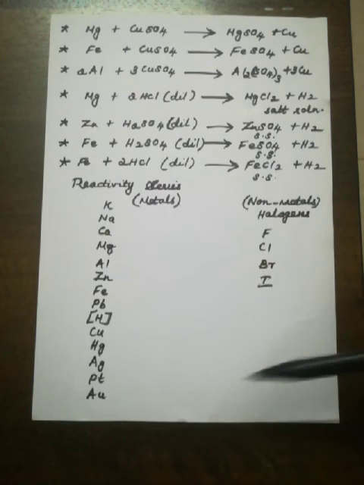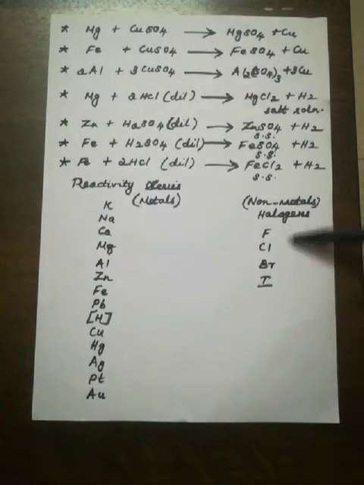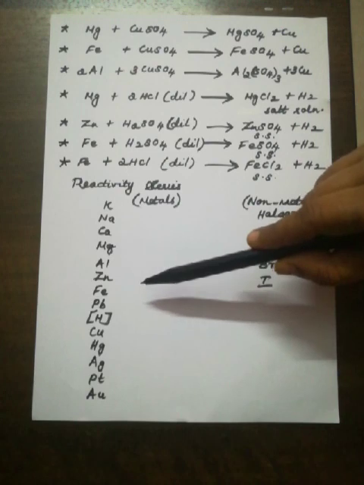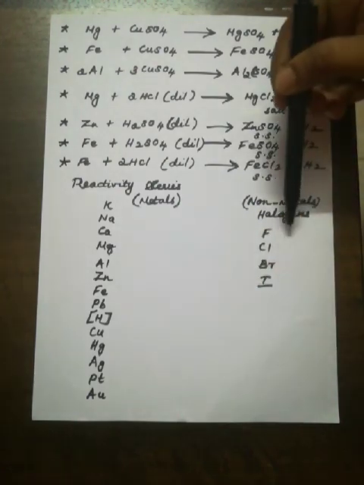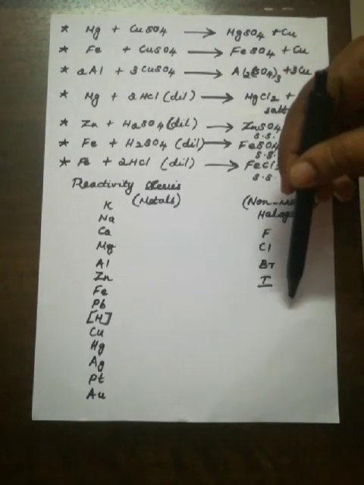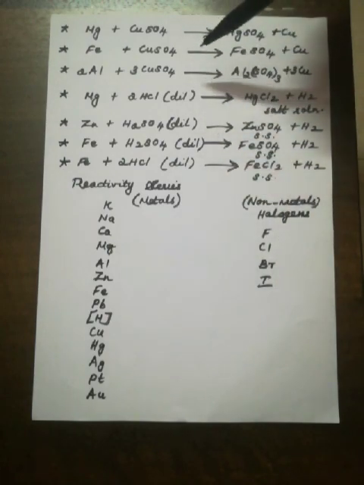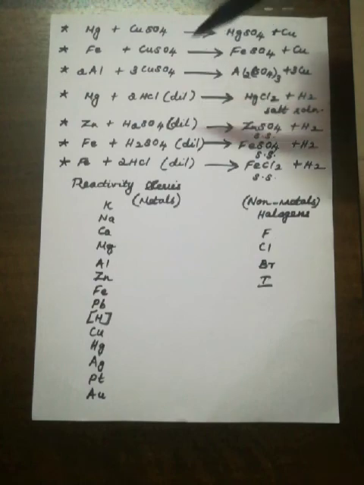So on simple displacement, a more electropositive metal will displace the less electropositive metal, or a more electronegative non-metal will displace the less electronegative non-metal. So these are the equations which we have seen today. We'll see the other 2 types of chemical reaction in the next class.